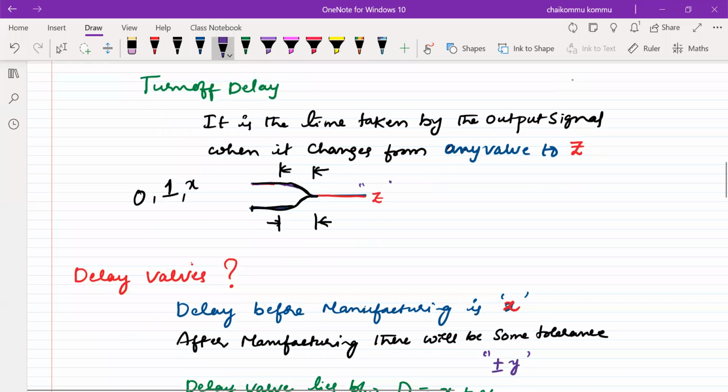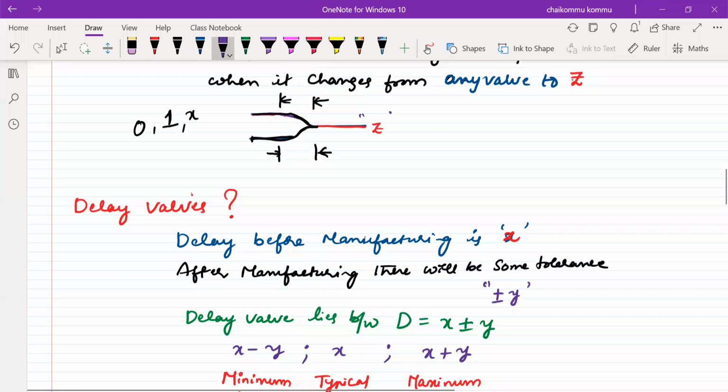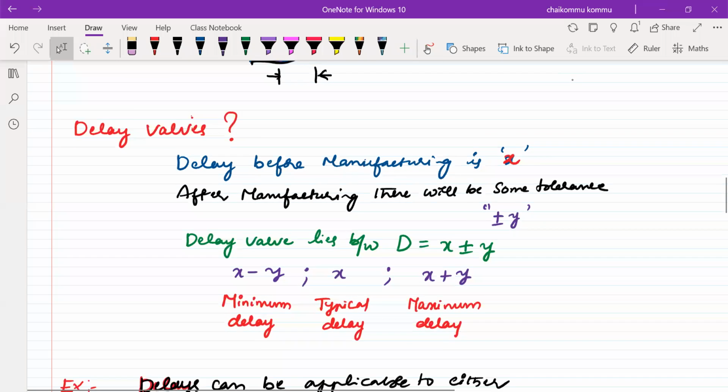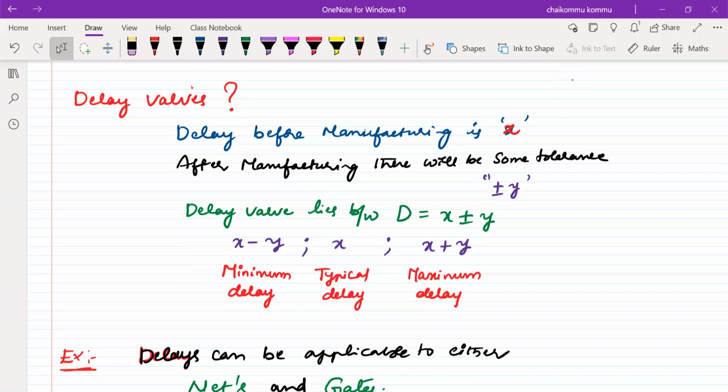That is called turn off delay. So that is how we can define the delay of the system. Obviously every real system offers some kind of delay, because the elements allow this kind of delay. Delayed version.